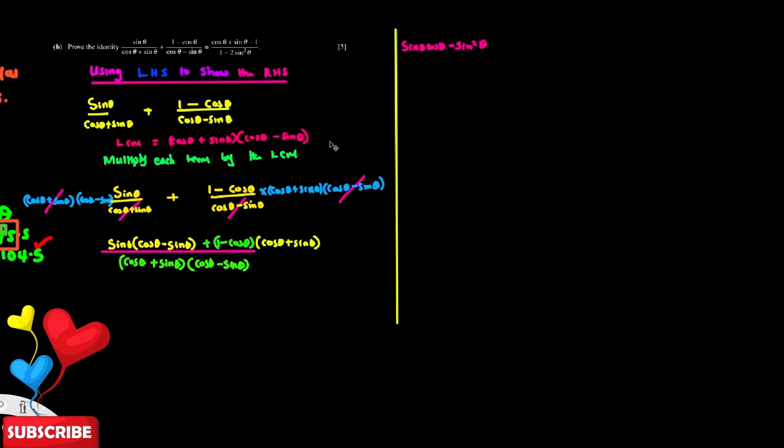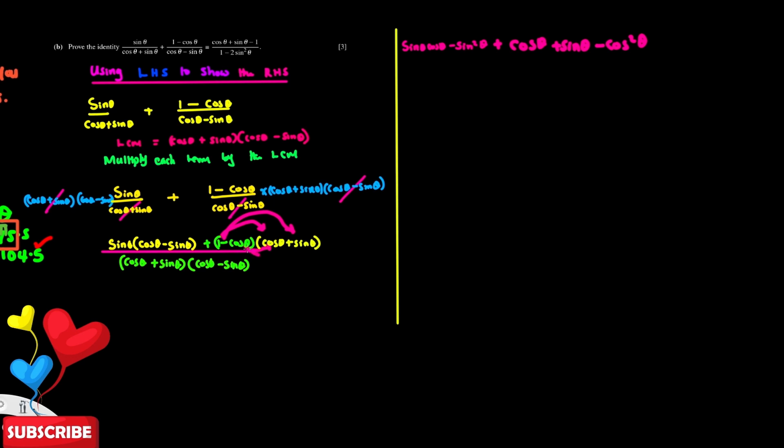Sine theta times sine theta gives minus sine squared theta. Then we multiply the other terms, and this ends up being cos theta plus sine theta minus cos squared theta.